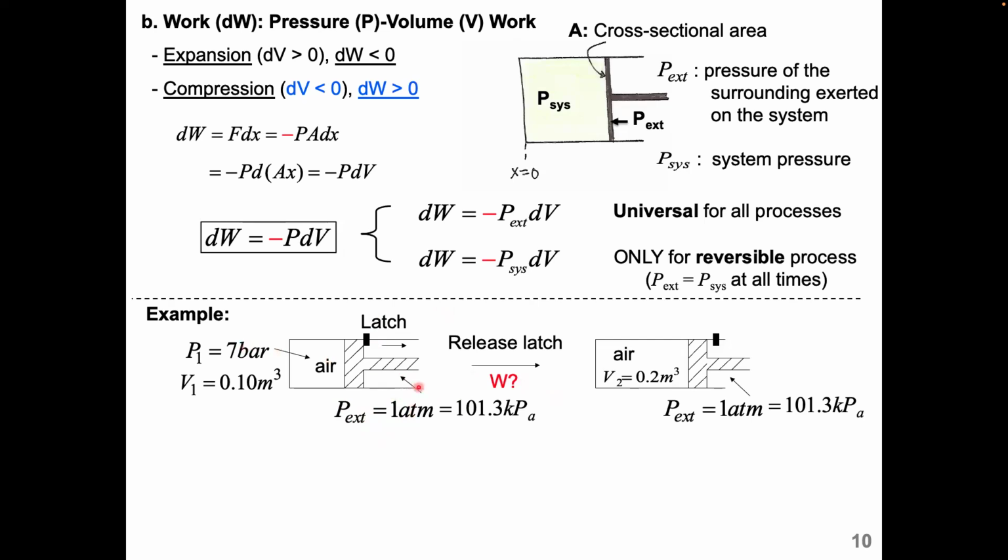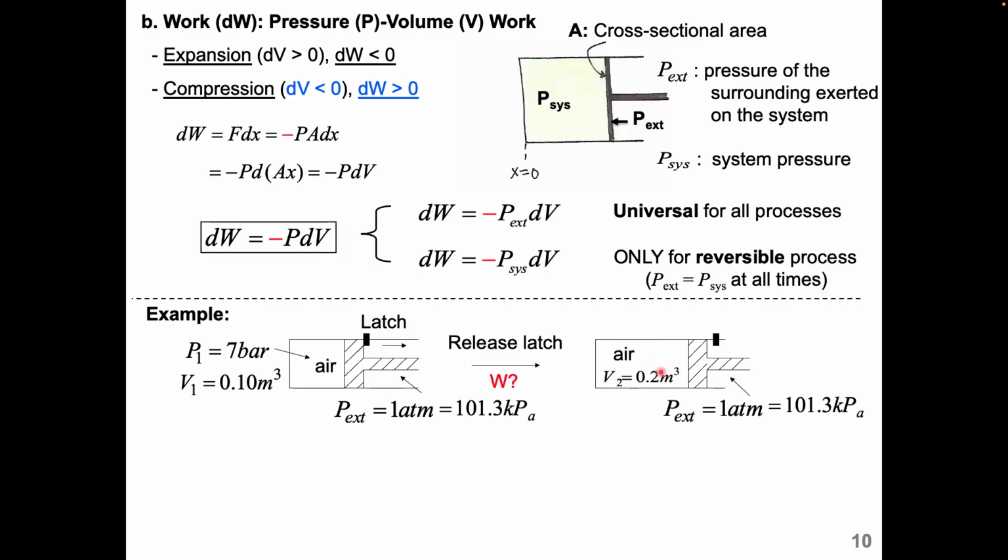So 7 is greater than 1. So obviously this piston will move towards the right, so basically you are expanding the system, okay? When you are expanding, your volume is increasing, and your pressure inside the system will slowly decrease.